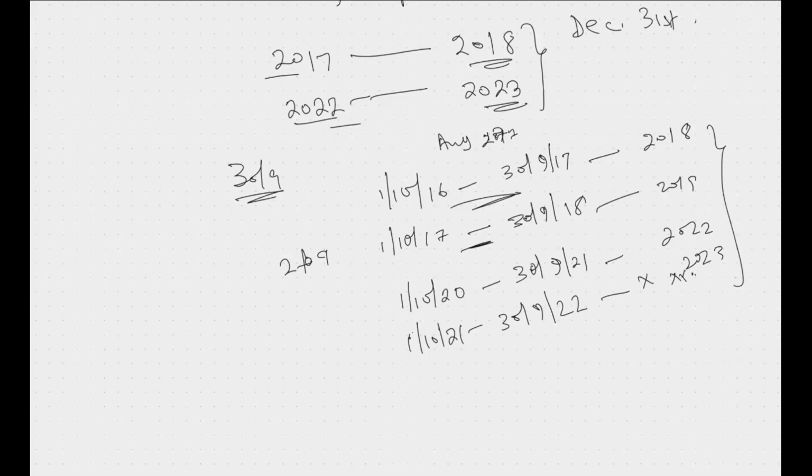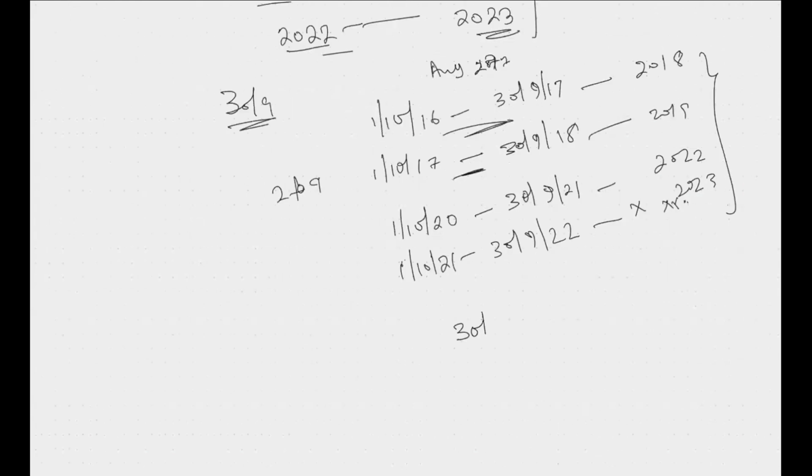But imagine if the accounting year of this company is 30th April. I would have had 1/5/2021 to 30th April 2022, 1/5/22 to 30th April 23.